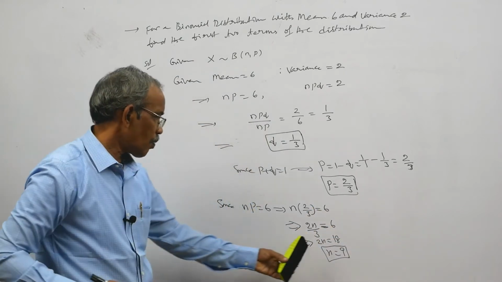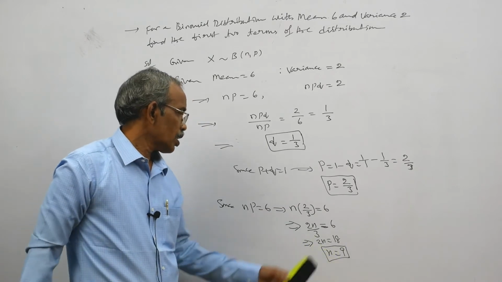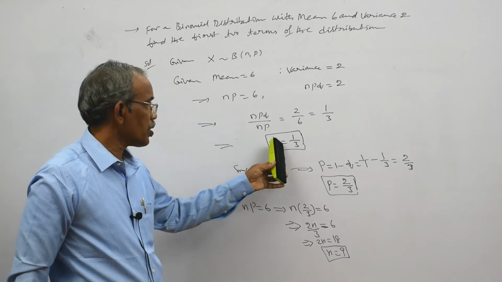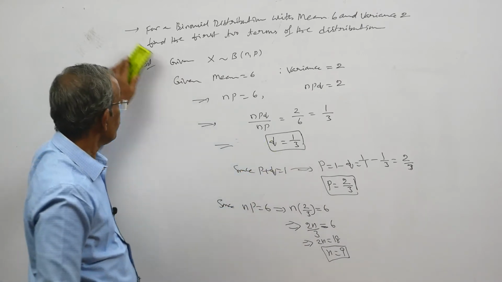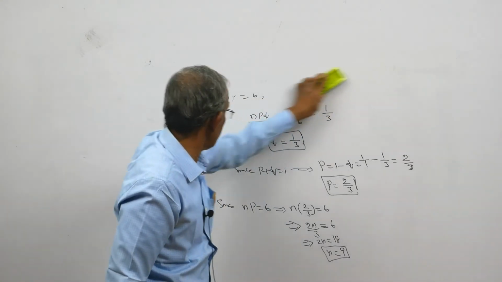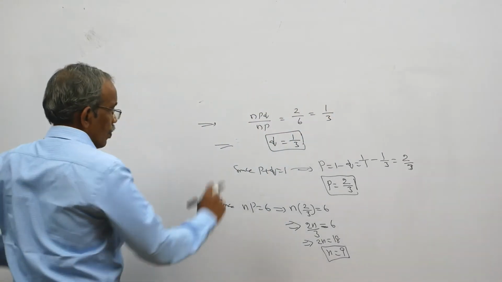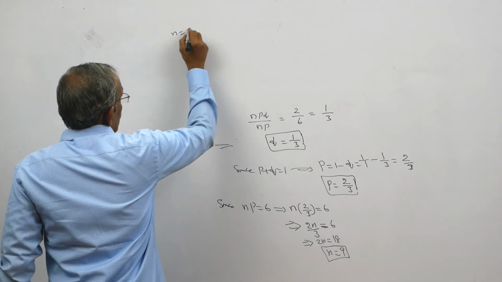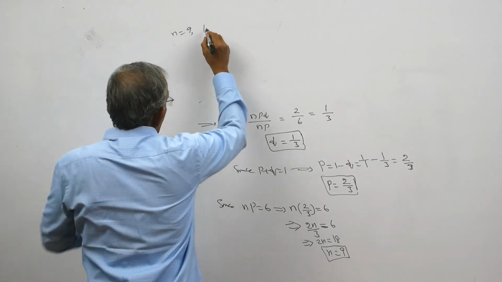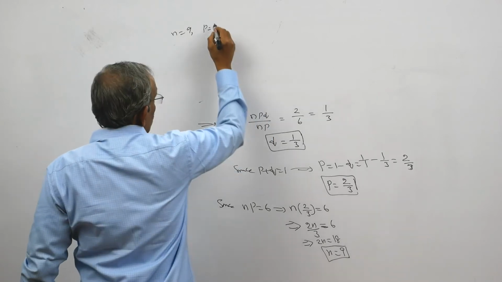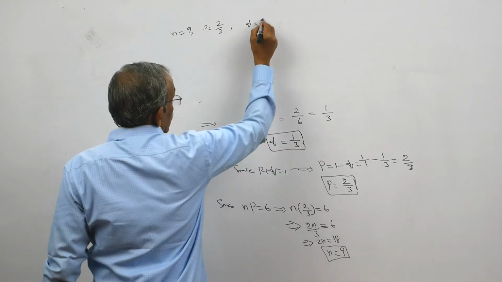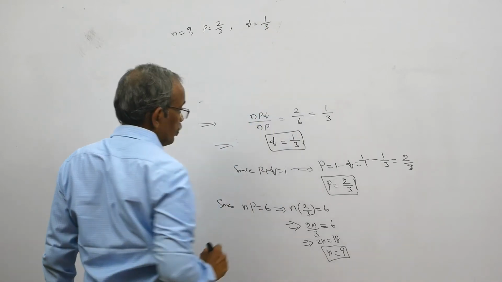Here the number of trials n is equal to 9. The probability of success p is 2 by 3. The probability of failure q is equal to 1 by 3. Therefore n equal to 9, p is equal to 2 by 3, q is equal to 1 by 3.